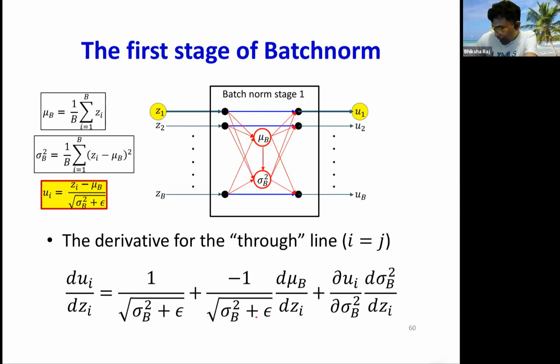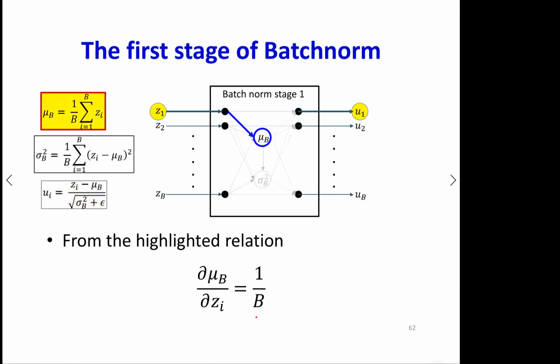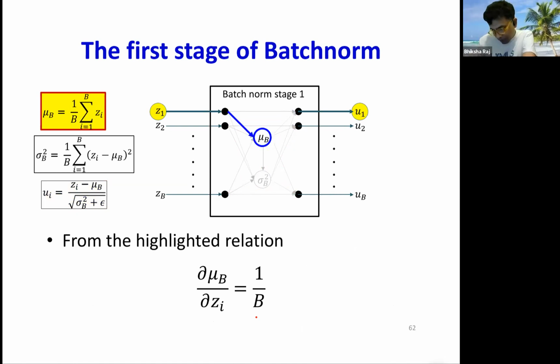Okay. And now let's consider this term. This is the derivative of mu with respect to zi. Which equation is going to give that to you? First equation. The first equation, right? And from that, you can directly see that d mu over dzi is just 1 over b, right?